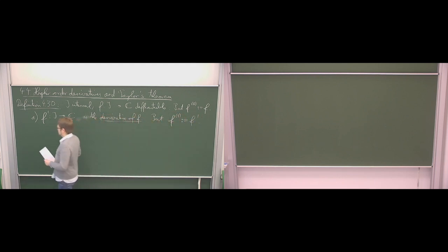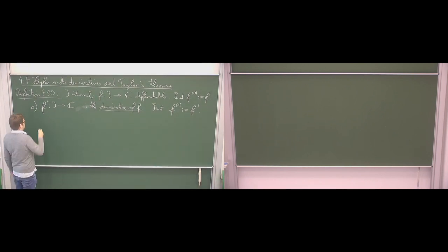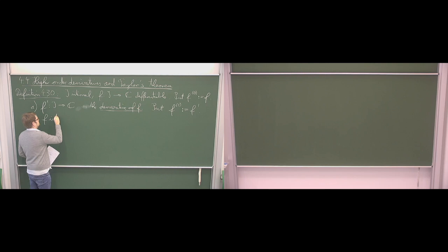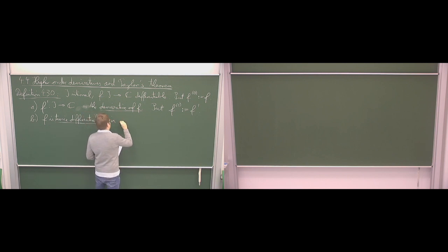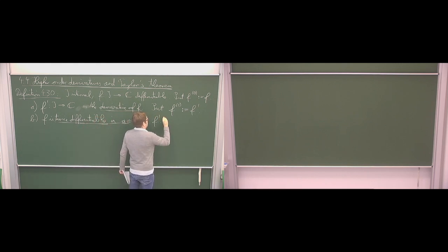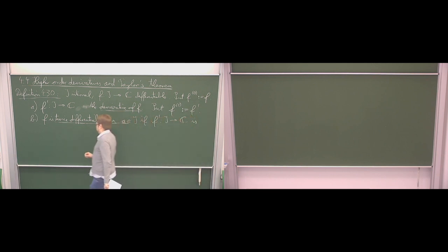Now we come to higher order derivatives. As I said, we have derivatives of derivatives, and I will introduce the second derivative explicitly and then introduce the general case recursively. So first of all, I say that f is twice differentiable in a point a in the interval, if the derivative, which exists since the function is assumed to be differentiable, as a function is again differentiable in the point a.